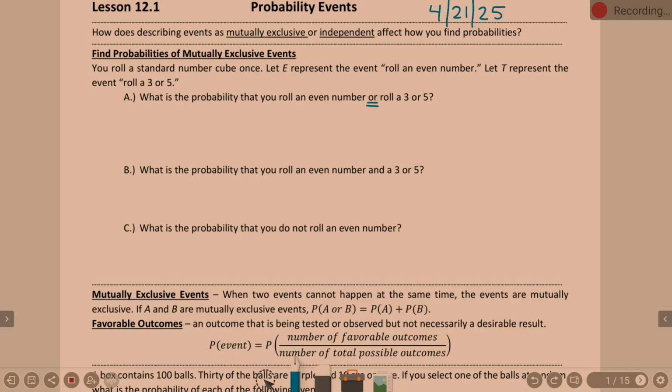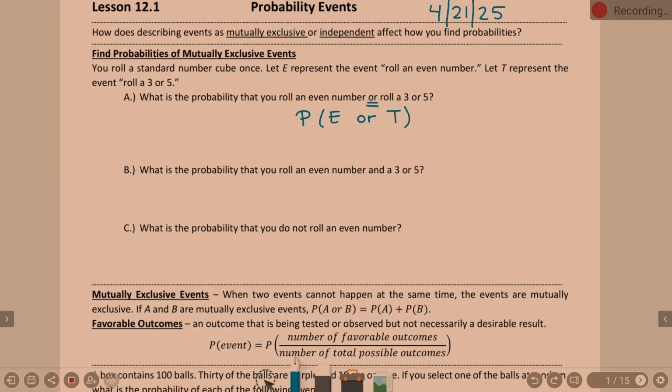They're asking the probability that event E happens or the probability that event T happens, because E was rolling an even number and T was rolling a 3 or a 5. Sometimes they use the words, sometimes they use letters.